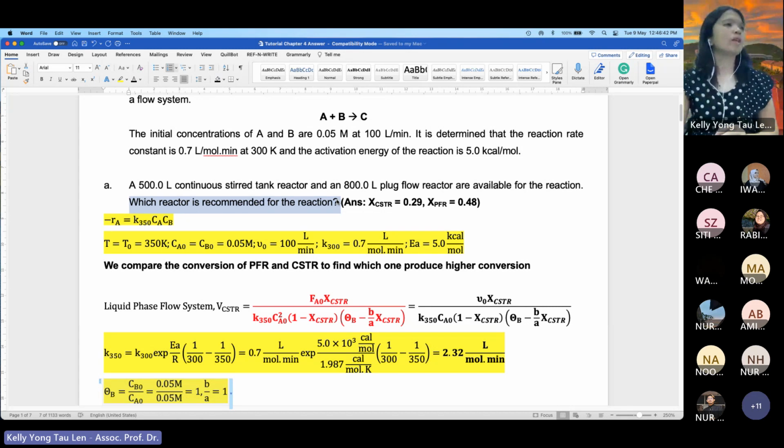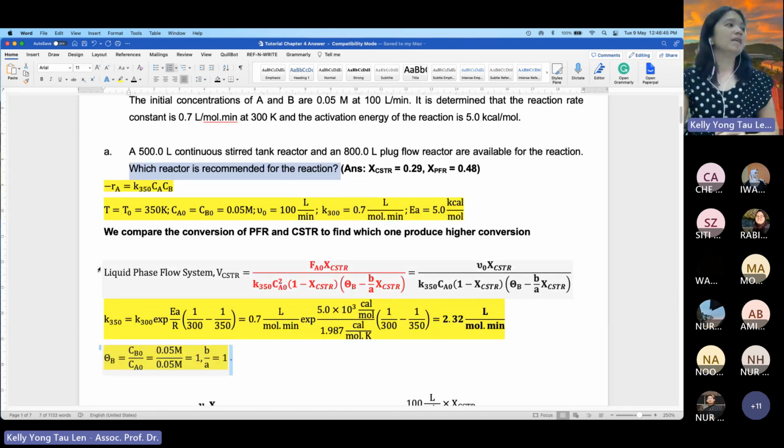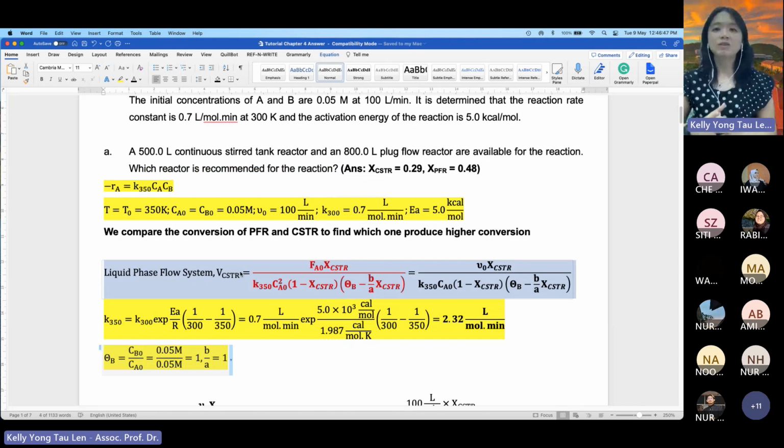So we start first with the PFR. Like I said, the bonus part of chapter 4, of this reaction engineering, is that I provide you the equation. But there are many equations, so you must really know which equation you will use for which situation.